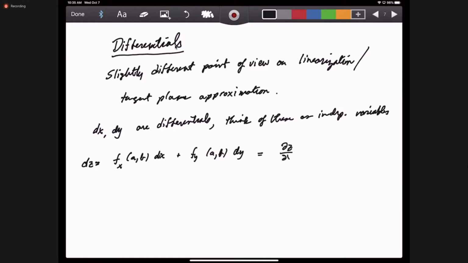Sometimes this is written as dz by dx. Remember, we're talking about the surface z equals f of x and y, so we're making the correspondence between the z and the function f of x and y. All right, so this equation that we just wrote down, sorry, I wrote the wrong thing here.